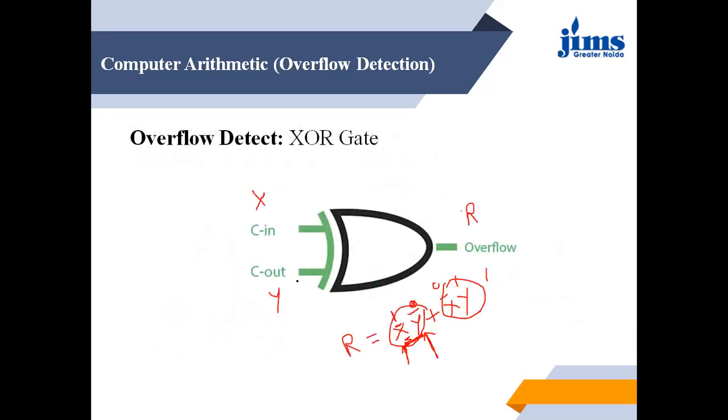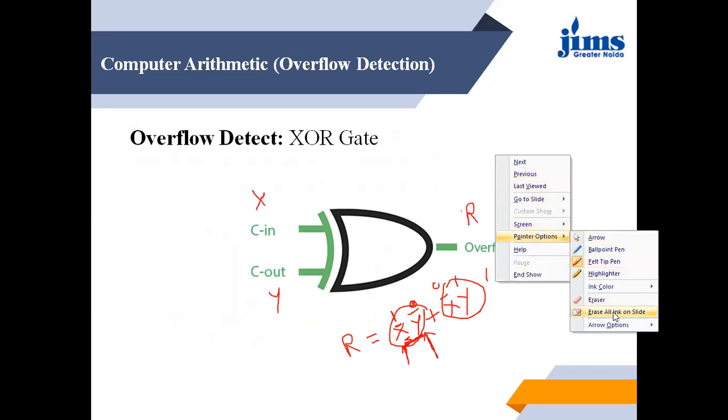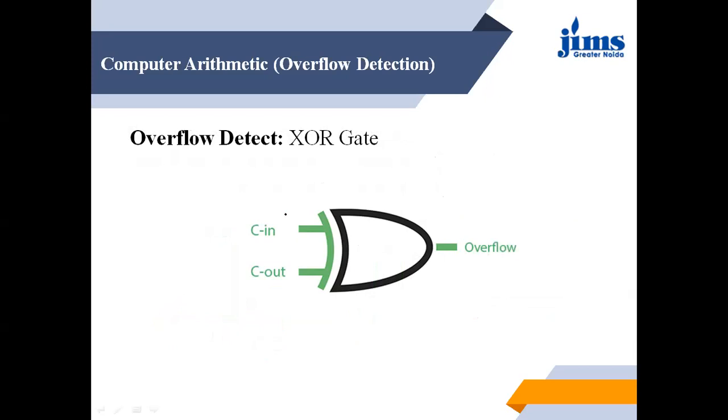So we can use an XOR gate to find out whether there is an overflow or not. When these two are different, it means there is an overflow.